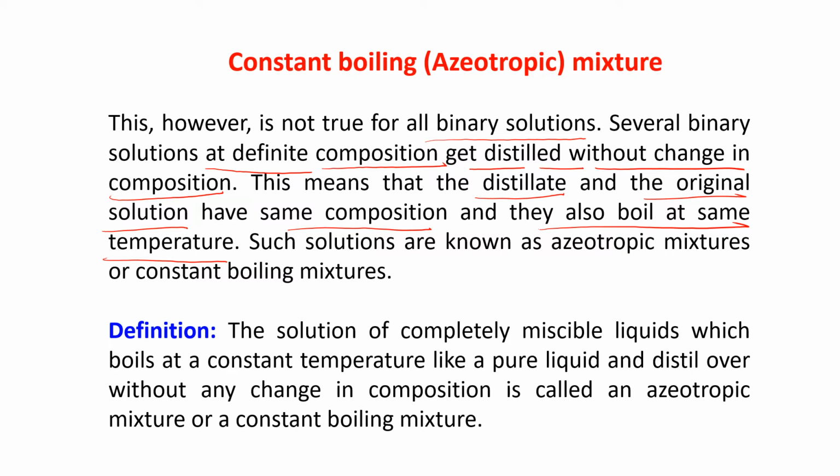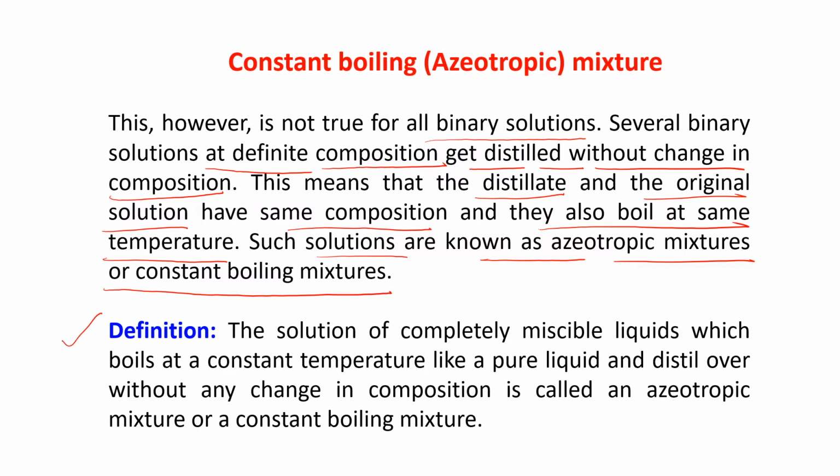This is a typical property of some binary solutions. At a particular composition, the distillate has the same boiling point as that of the solution. Such solutions are known as azeotropic mixture or constant boiling mixture. Am I clear? See the definition.